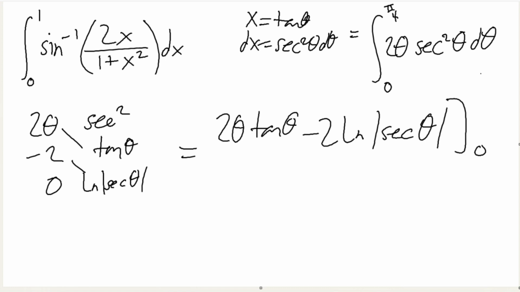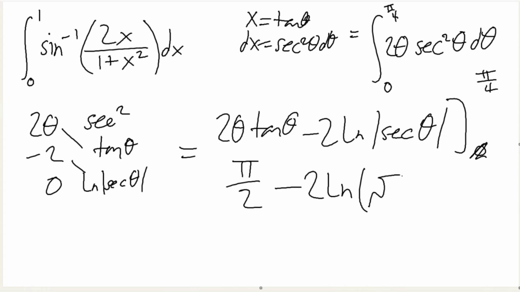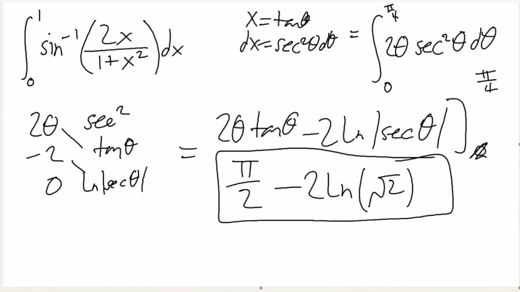And we're plugging all of this. Pi over 4. 0 is just 0. Pi over 4, we get 1. Pi over 2 minus, and then pi over 4 here is 2 ln, I think that's square root of 2. And that is our answer.